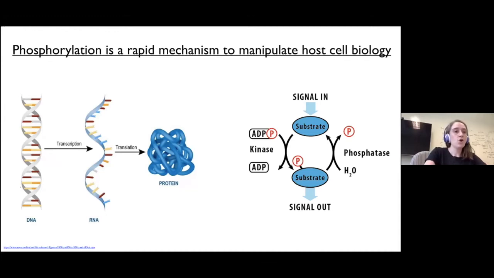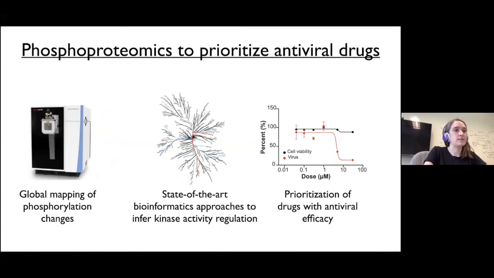And so one of the most powerful ways to monitor phosphorylation signaling is through using proteomic approaches. And so that's what I'm going to be talking to you about today. Here we've performed global mapping of phosphorylation changes upon SARS-CoV-2 infection by proteomics.